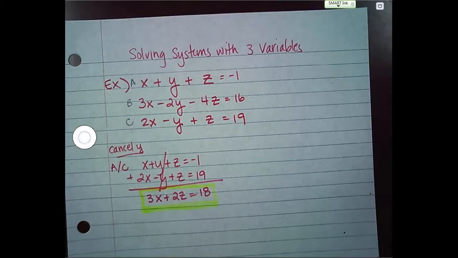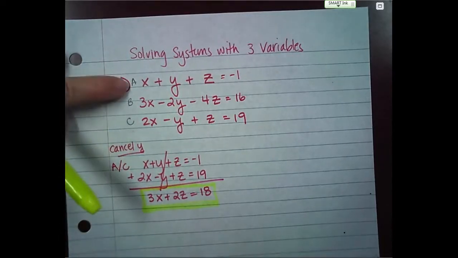All I would need to do is to multiply A by what, guys? 2. If I multiply A by 2, then the Y's would cancel. Okay, you can't start until you write that down. We made a decision what we were going to do. Now you write it down. What did we decide to do? We need 2A, and what else?